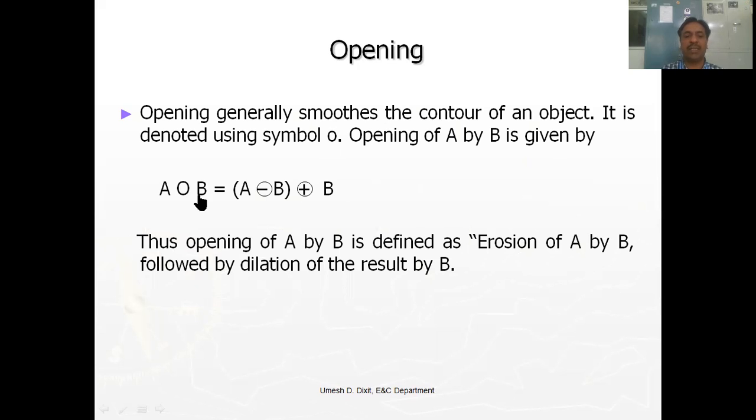As we discussed, A is called the original image, the original set, and B is called the structuring element.